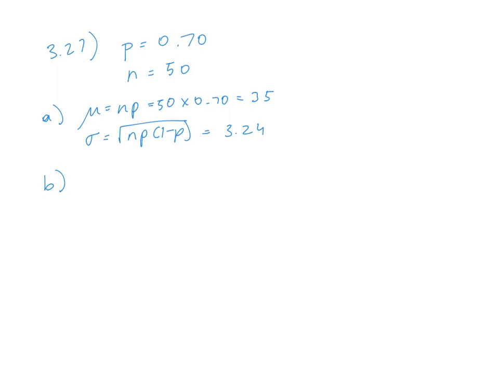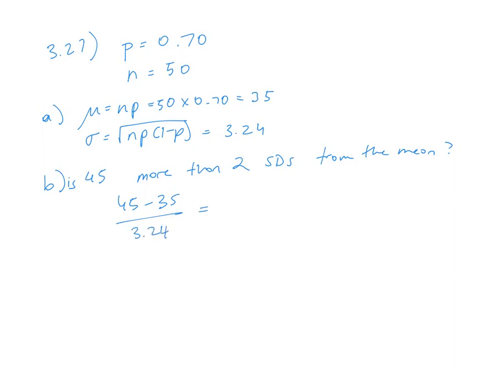More than 2 standard deviations away is usually what we define an unusual observation as. So is 45 more than 2 standard deviations from the mean? How would I calculate that? 45 minus 35 divided by 3.24.